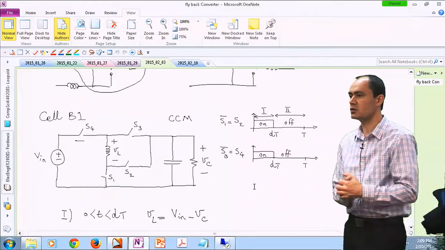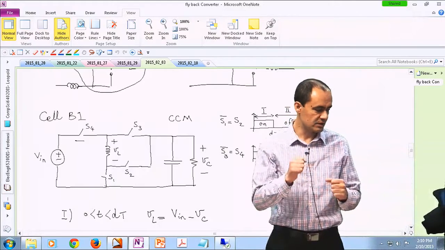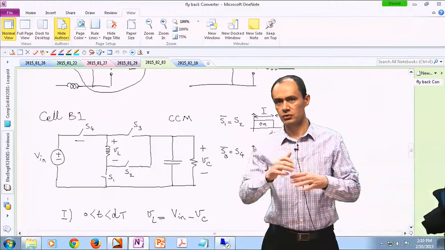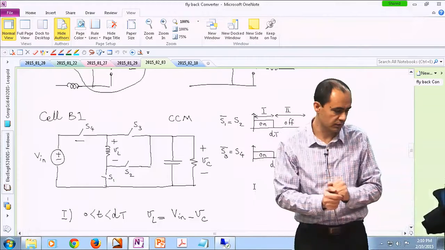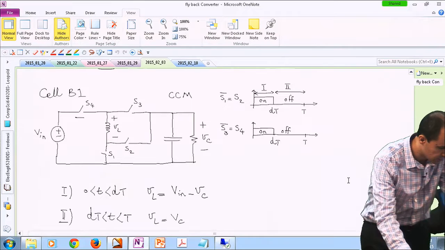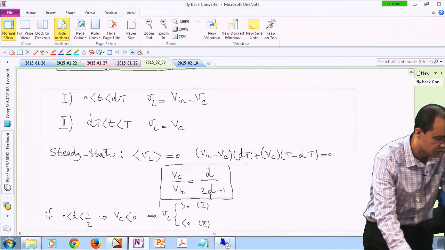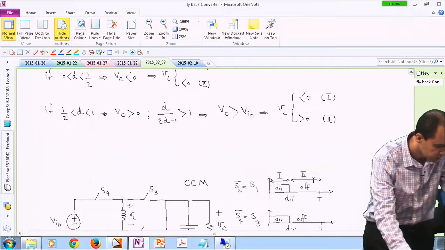By active switch, I mean they are transistors, and that means the gate signal, or the command signal, or the controller is directly controlling them. And under those conditions, we realized that the voltage gain is D over 2D minus 1.